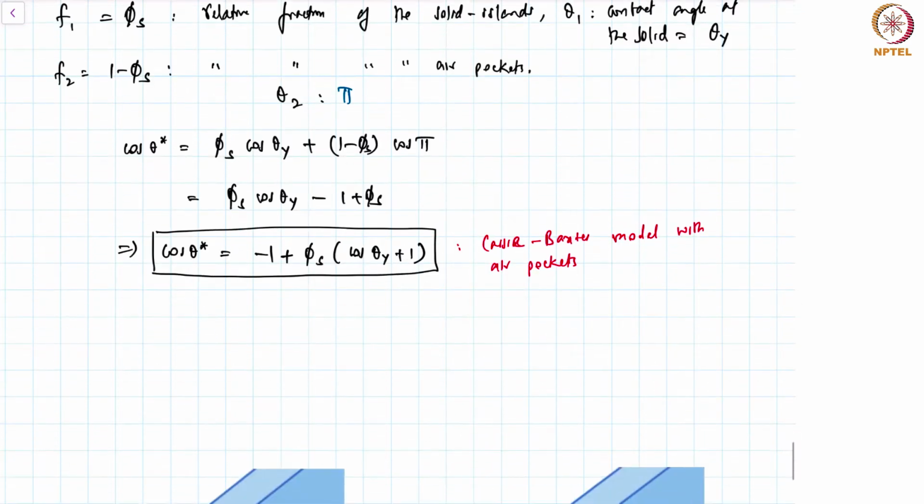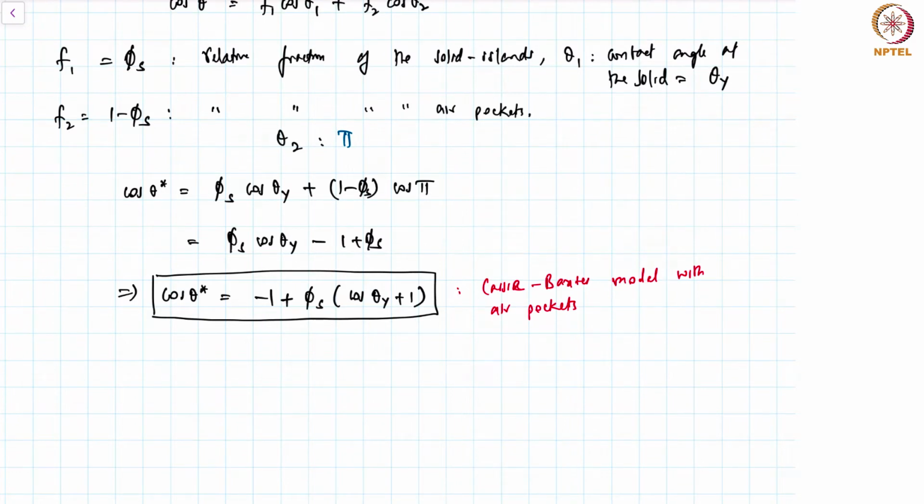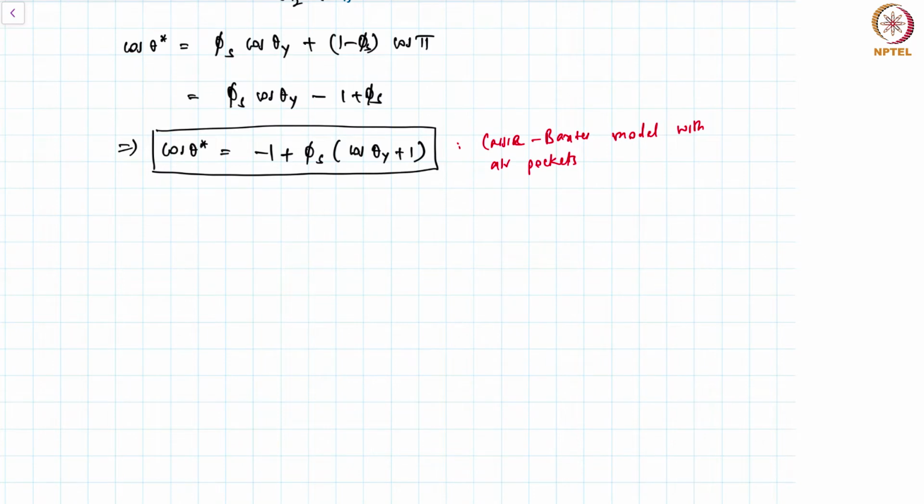Why would it meander? For example, if you look from the top at tiny pillars as follows, if these are the positions of the pillars, I'm just drawing some random pillars, the contact line has to meander around these pillars where it meets the solid.